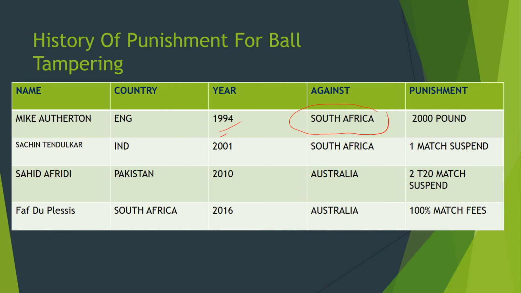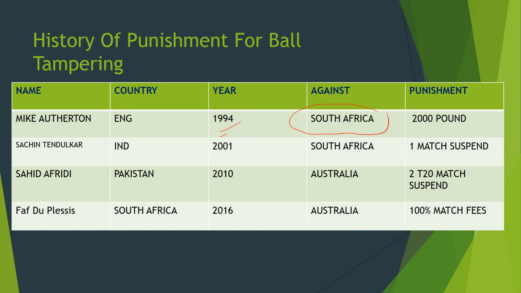From that day onward, the British call it art. Prior to 1994, for all British, it was a cheating phenomenon. Mike Atherton was the first British player who was fined for ball tampering. He rubbed one side of the ball with some sand that he took from the ground in his pocket.